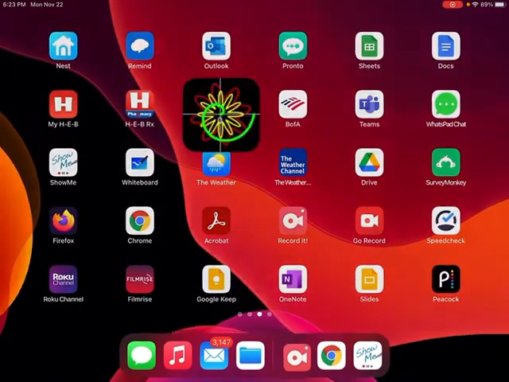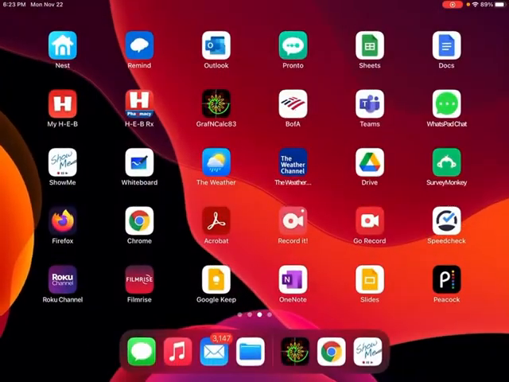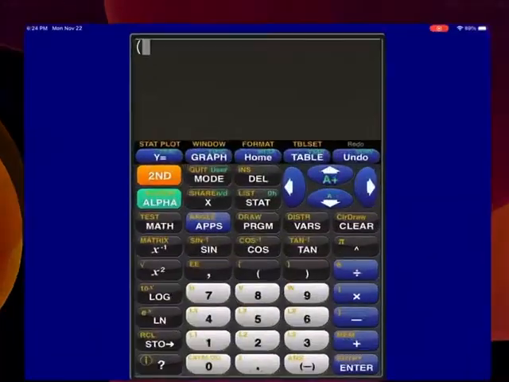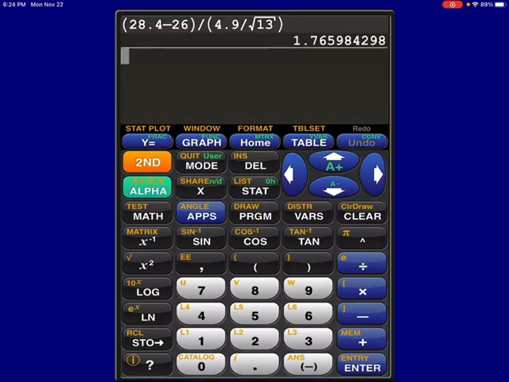I'm going to do this part right here on my calculator, and I'm going to show you how I enter it, exactly the same way. On my calculator, I'm going to go parentheses, 28.4 minus 26, divided by 4.9 divided by the square root of 13, and let me close off my parentheses here.